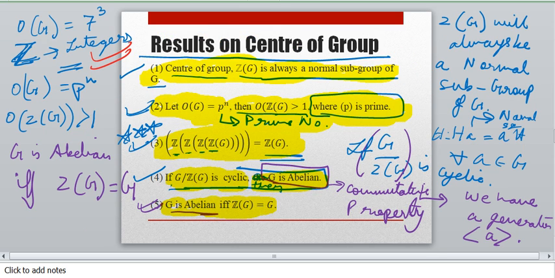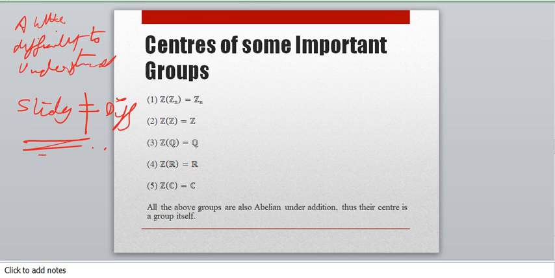All this scribbling was explained to you in the previous video. Today we will talk about the center of some important groups. It's just vaguely written over there because I need to explain it, and you don't have to worry about the explanation, because it is simple.